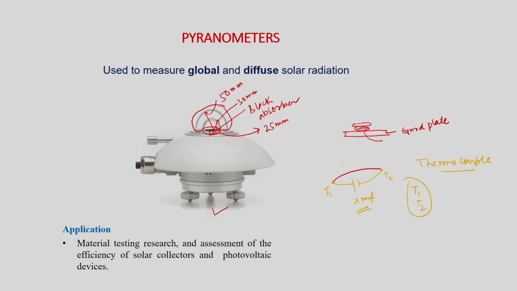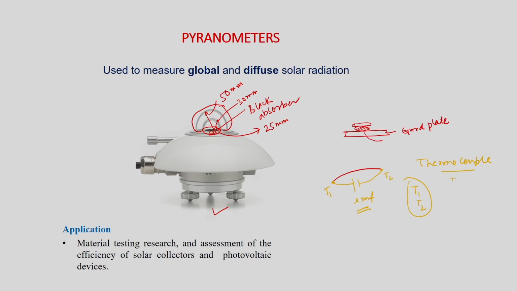Thermopiles are nothing but many thermocouples used in series. These thermopiles are connected beneath the absorber plate. When solar radiation is exposed, the blackened surface heats up, and heat transfers to the sensor, the thermopile.